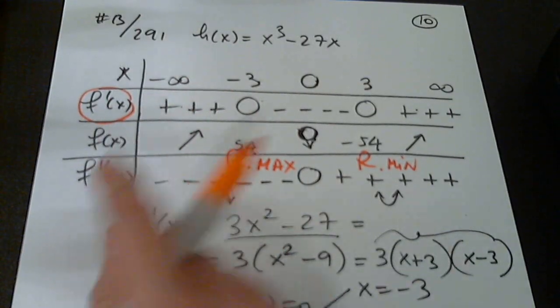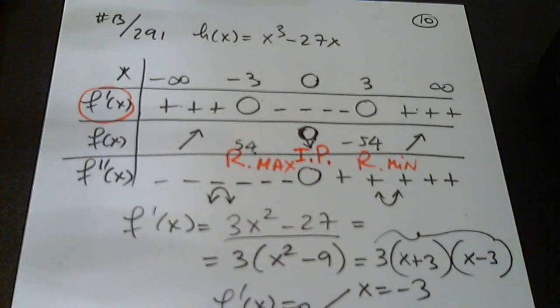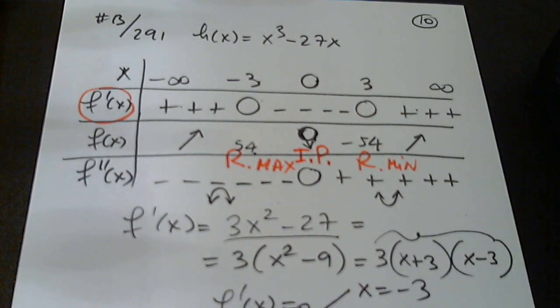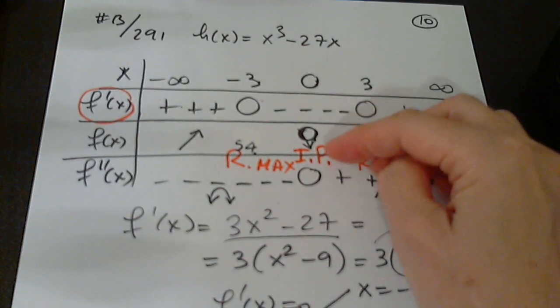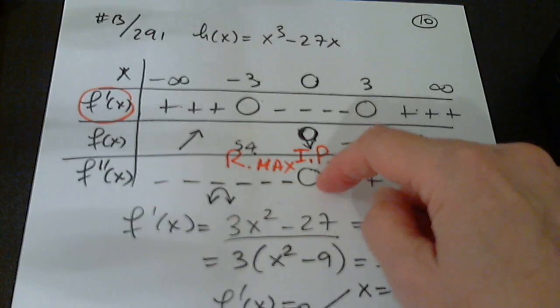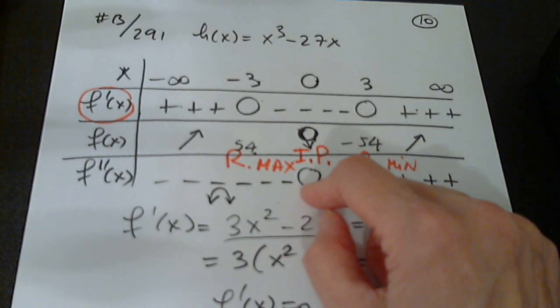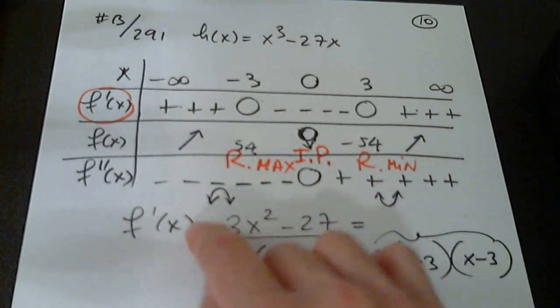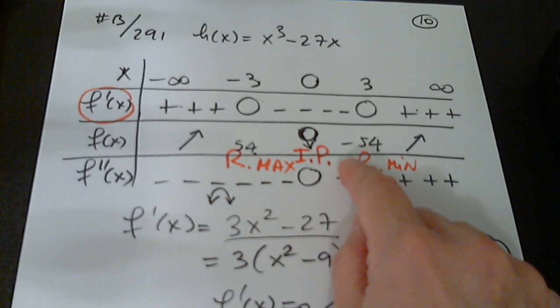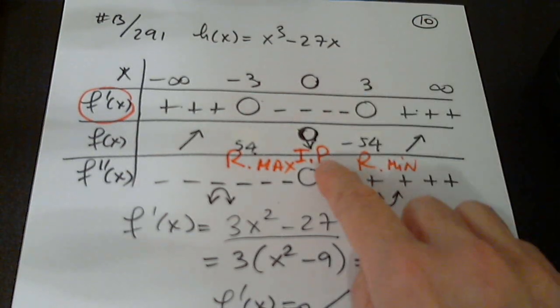For the second derivative, we can only say an IP, inflection point. The second derivative is 0 or undefined, so it's 0, and it changes sign from concave downward to concave upward. 0, 0 is the inflection point.